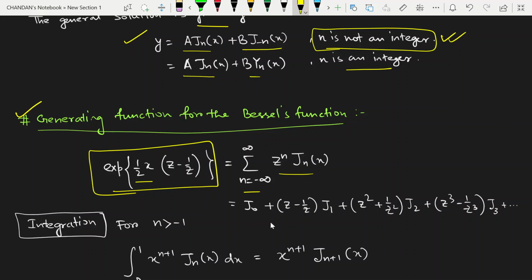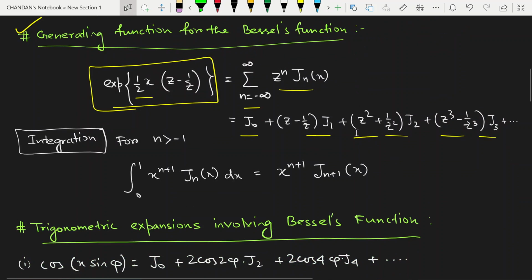This equals J0 plus z minus 1 by z into J1 plus z square plus 1 by z square into J2 plus z cube minus 1 by z cube into J3 plus, and so on. There are infinite terms. So this is the generating function.